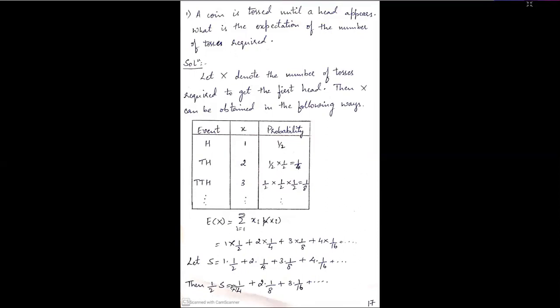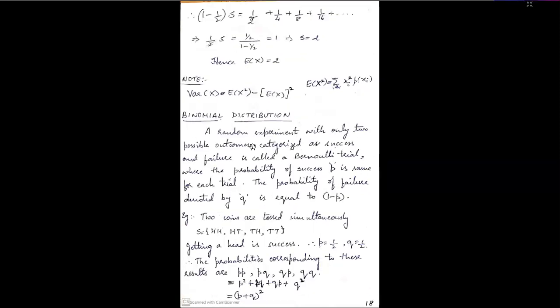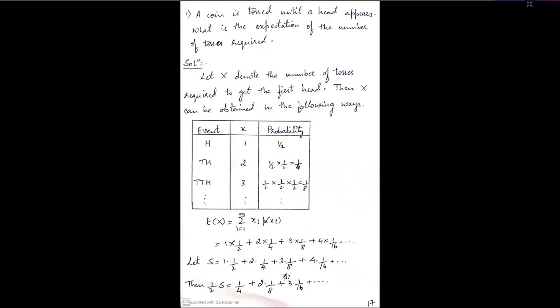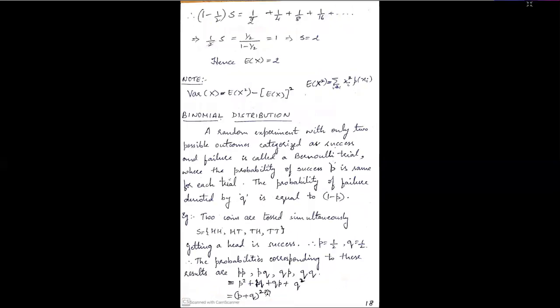So 1 by 2 minus, I'll take the first term to be 0 here, so 1 by 2 minus 0 will be 1 by 2, because I subtract those terms wherein the denominators are the same. The next term will be 2 into 1 by 4 minus 1 by 4, that is 1 by 4. Next, 3 into 1 by 8 minus 2 into 1 by 8, that is 1 by 8, and so on.